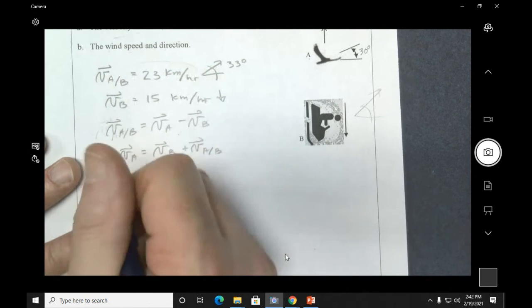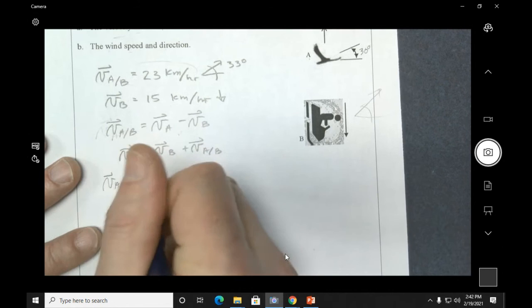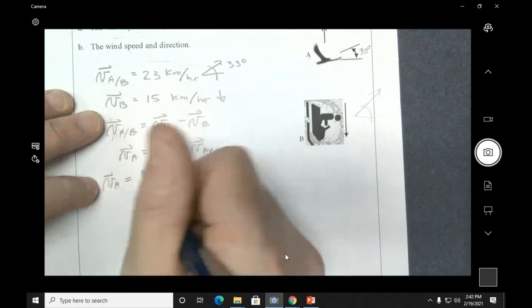So let me write this as vectors right here.